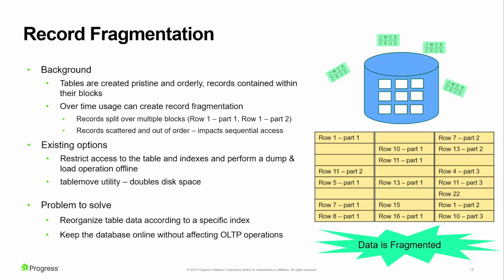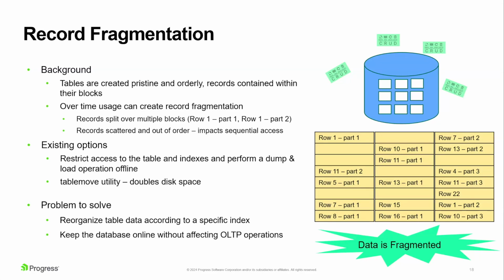We have existing options for dealing with fragmentation. The first is to restrict access to the table and indexes and do a dump and load. That's an offline operation. The second is to use a table move utility. When you move that table, it's rebuilding it back into its neat and orderly manner.